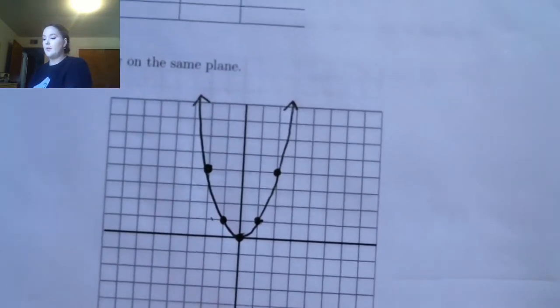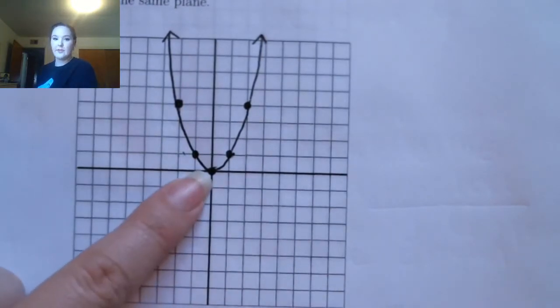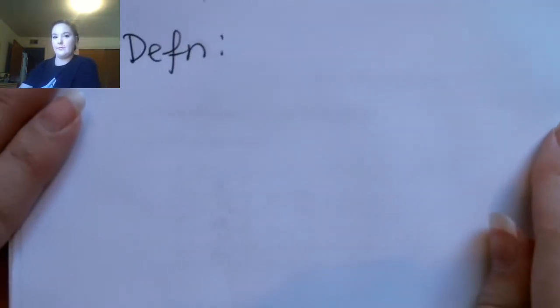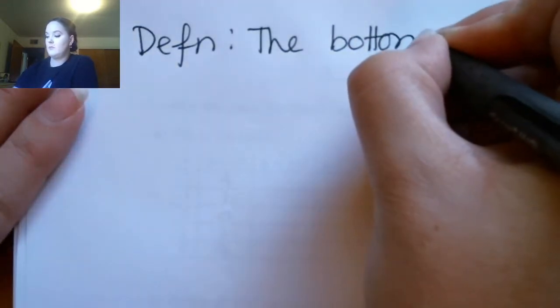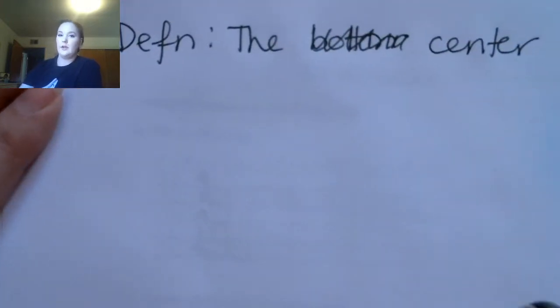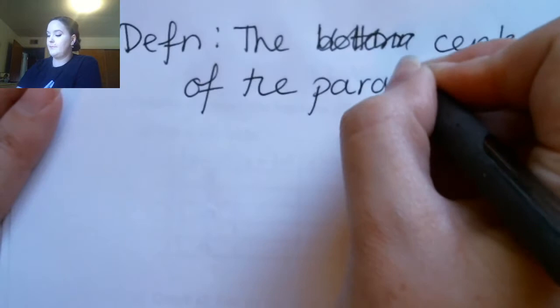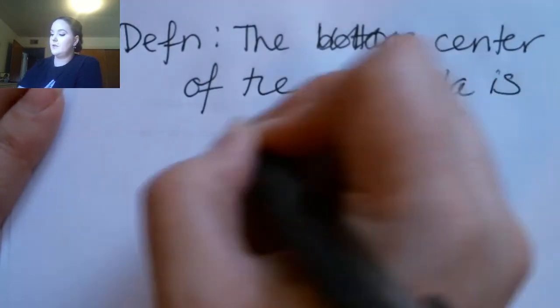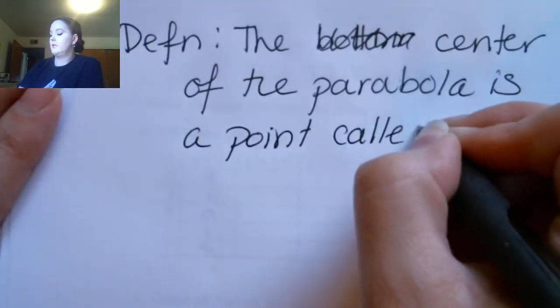The other thing I wanted to say is there's an important point on this graph. It's right here, and it has a name also. The center of this parabola is a point called the vertex.